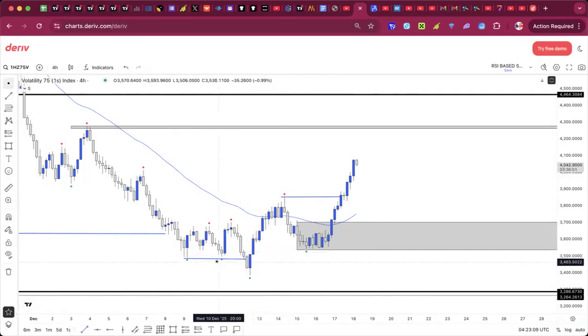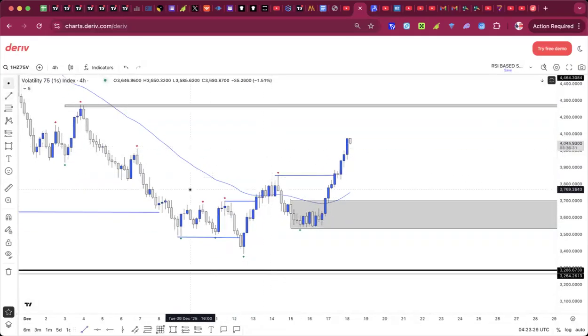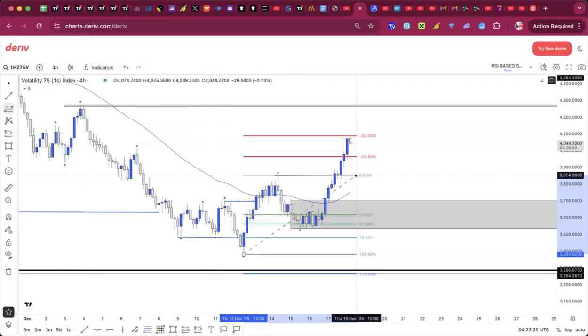So here we have a break of structure, or you call it a liquidity sweep. Excuse me. Then you have this as a market structure shift. So if you take from here to this point, you are still in order, to make more sense, right?